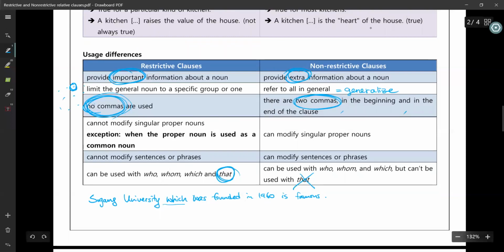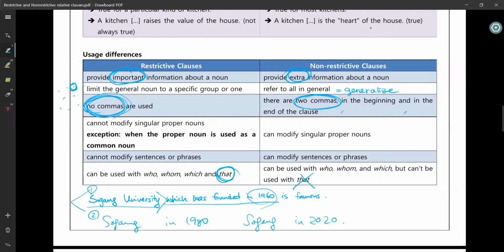This is absolutely necessary information to identify 서강 University. You know what this means? Then this means that 서강 University, number 1, was founded in 1960. There is another 서강 University that was founded in 1980. Maybe there's another 서강 University that was founded in 2020. In this case, we have to absolutely identify the noun 서강 University with this restrictive clause.